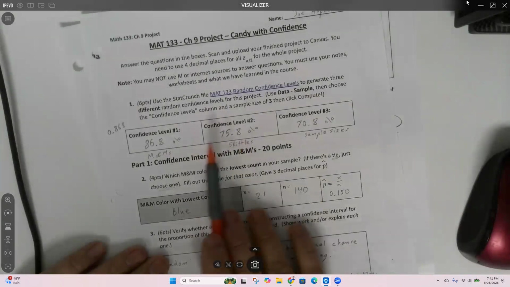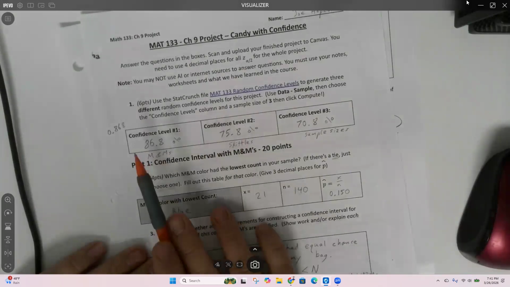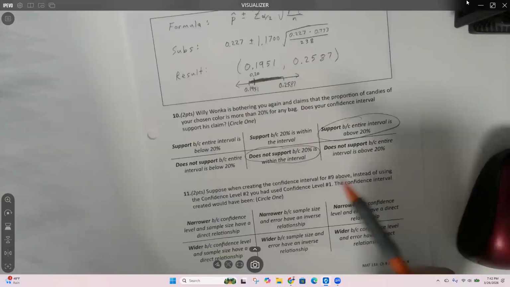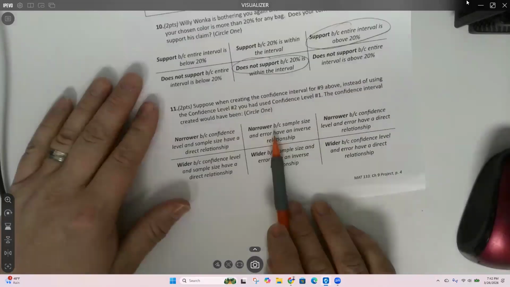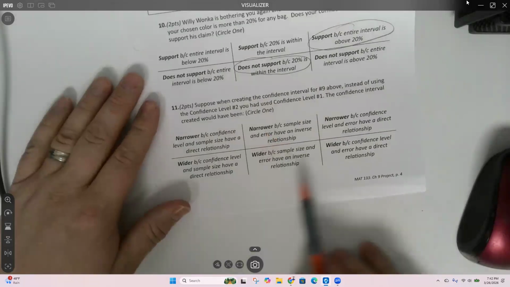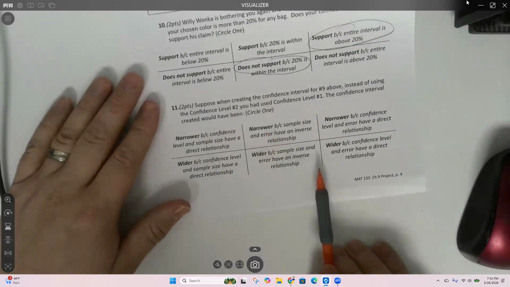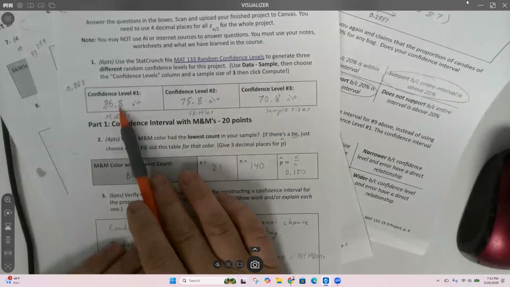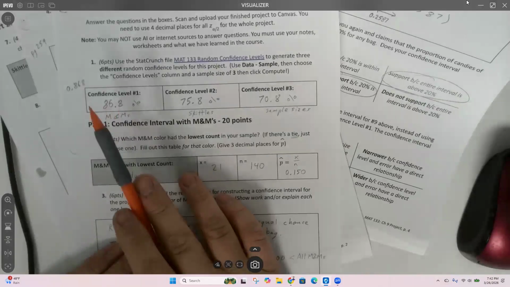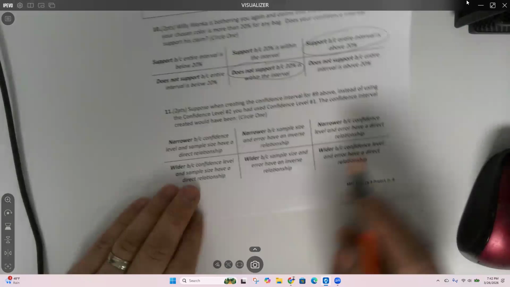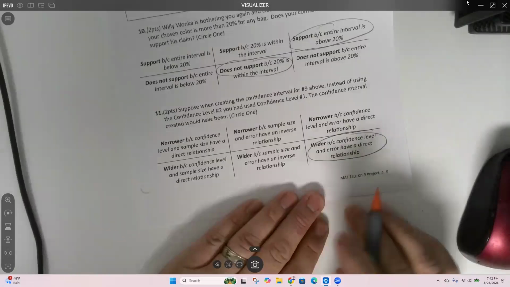If I had instead used a confidence level of 86%, would my confidence interval have been narrower or wider? Okay, so if I'd wanted a larger confidence level, it means I would have had a larger confidence interval. So mine would have been wider because confidence level and error have a direct relationship.